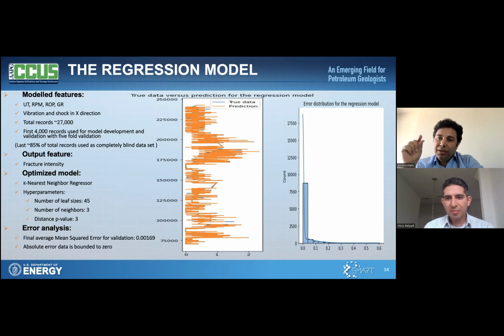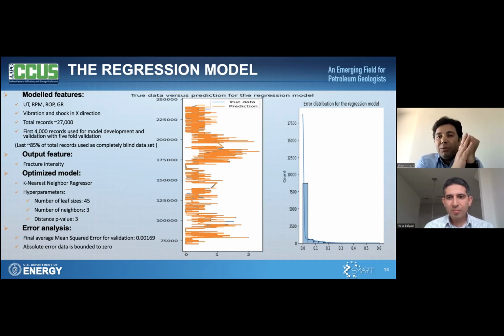So here we tried to shrink the training size, and we found that with 10 to 15%, even less than that, we are able to train a model that can predict the fracture intensity log. And remember, this is just the first 10 or 15%.